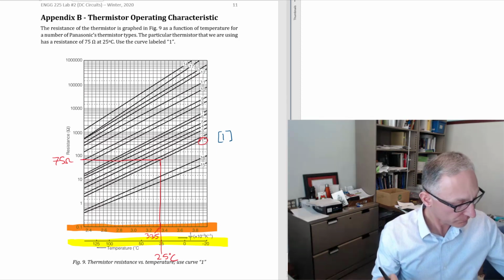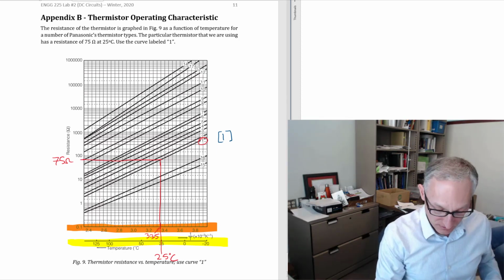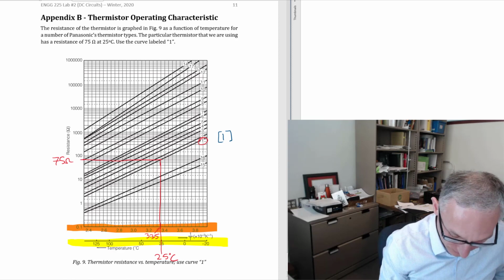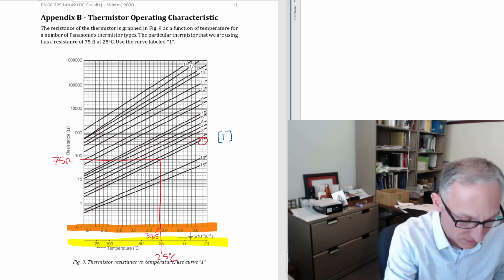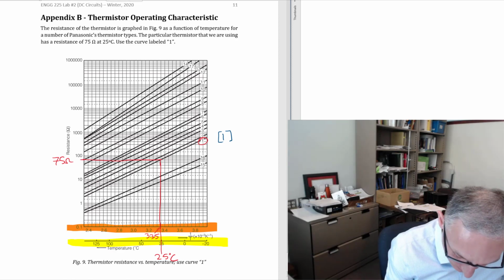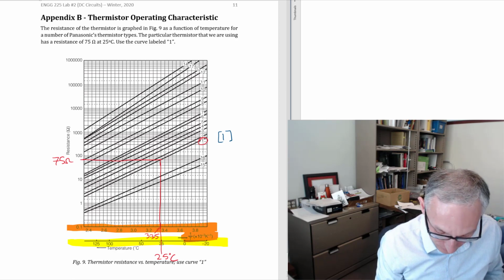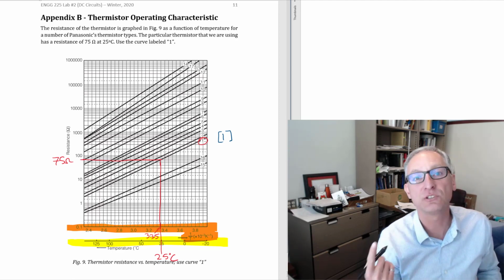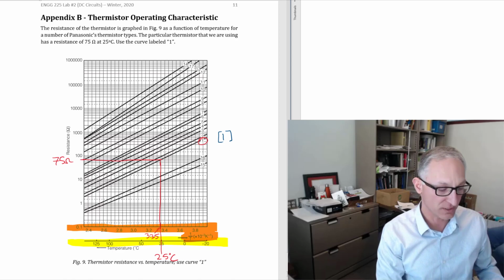Now, let's see what the units are. The units for the orange scale are here, so I'll just highlight this part. It's the reciprocal of Kelvin times 10 to the minus 3. So that's what the units of the horizontal scale are.